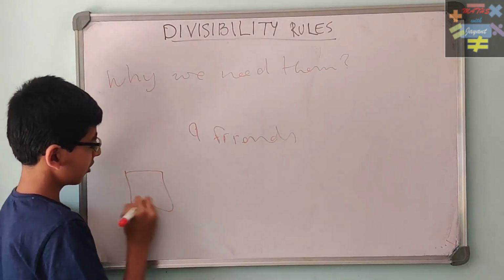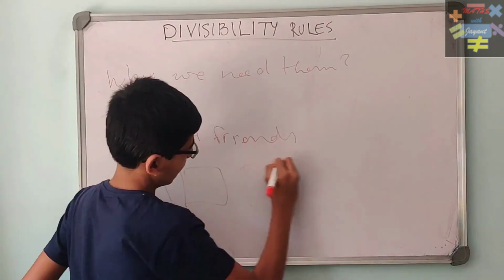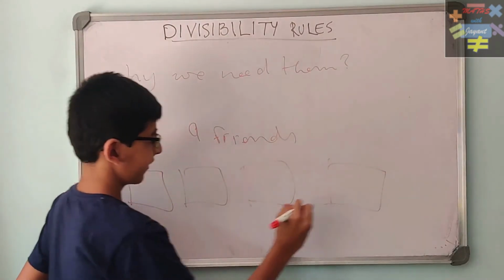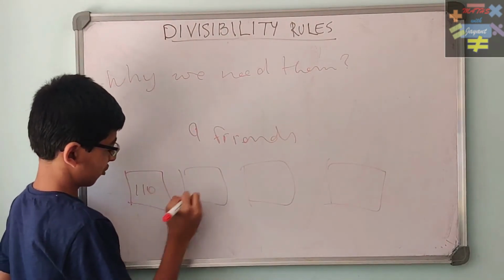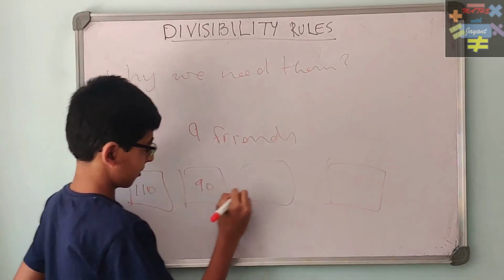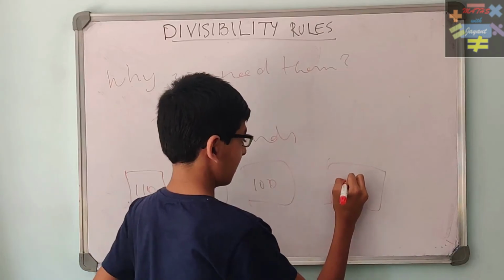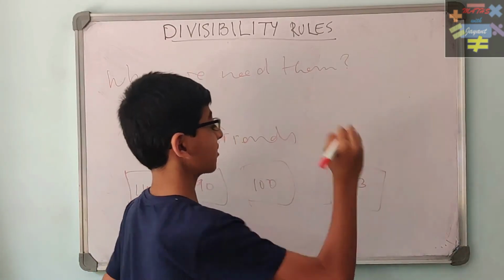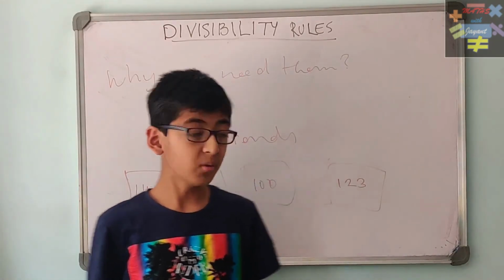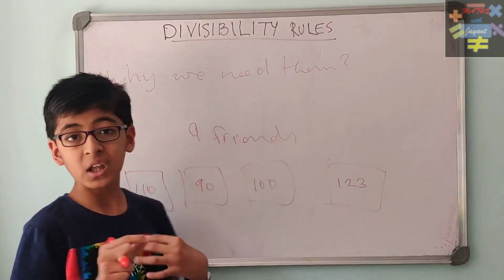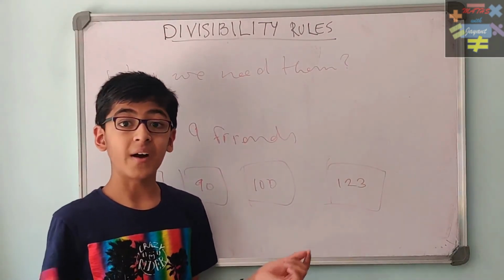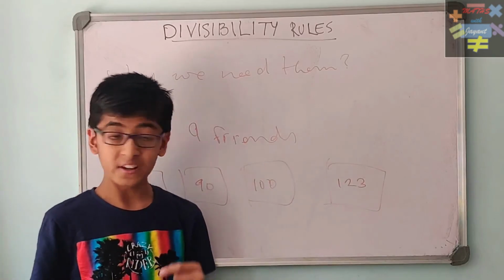Now, if he goes to the shop and finds 4 packs. One has 110 chocolates, one has 90 chocolates, one has 100 chocolates, and one has 123 chocolates. So which pack should he buy so that he can divide amongst his friends equally?